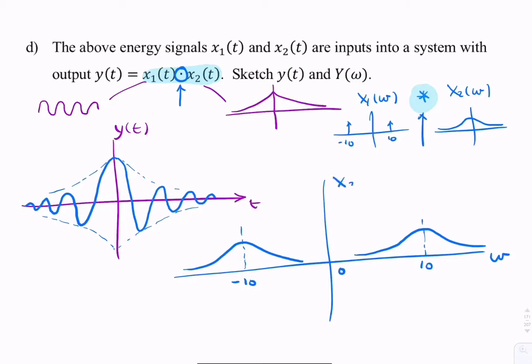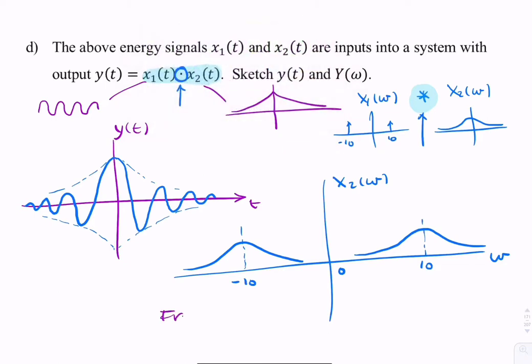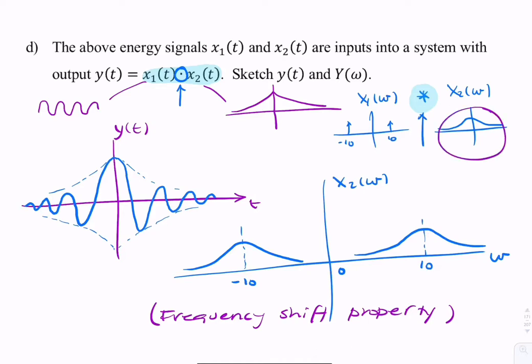And you can label that X2 of omega. Another way of looking at this is using the frequency shift property. The frequency shift property of the Fourier transform says that when you multiply by a cosine, which is what we're doing here, it causes the spectrum to shift in frequency.